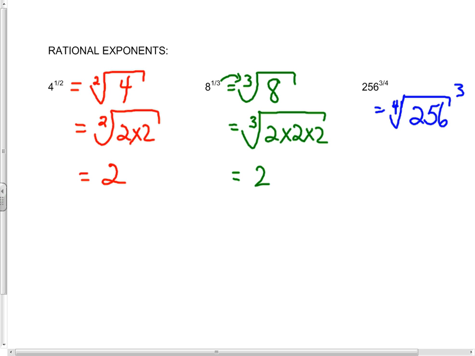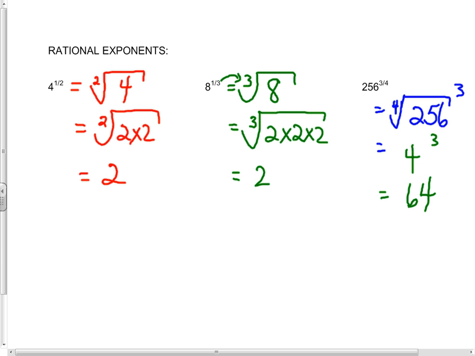And we can kind of deal with that later. It doesn't matter if you cube first and then take the 4th root, or take the 4th root and then cube. That doesn't matter. The 4th root of 256 is 4. And then we'll cube it. 4 cubed is 64.